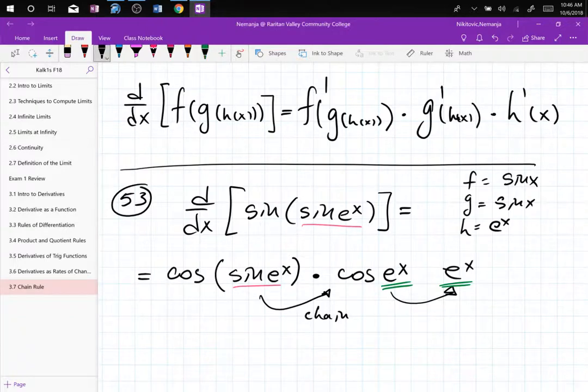And that's another chain. Does this make sense? Should we do another one of these composite ones? Let's do another one, yeah.